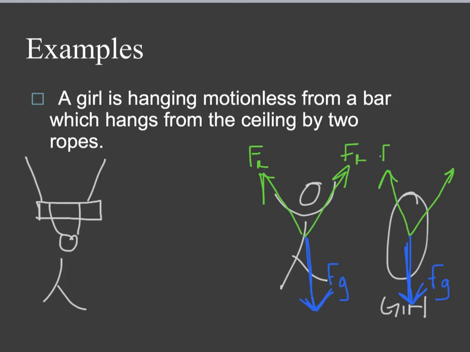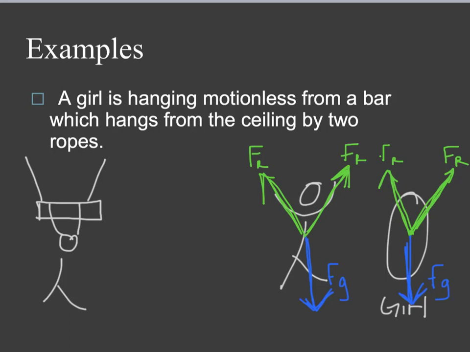And we can label them all the same thing because they're all equal forces. Okay. And because she's not moving, these two should be similar in length because they're the same force. And together, they oppose this force. And we'll talk more about that later. But their lengths should be roughly the same. So that would be our free body diagram of our girl.